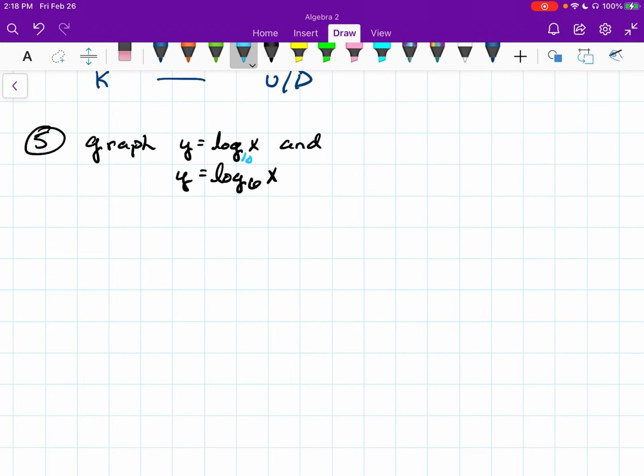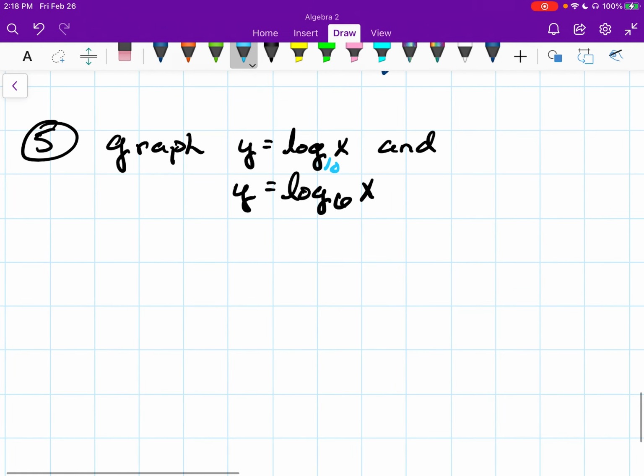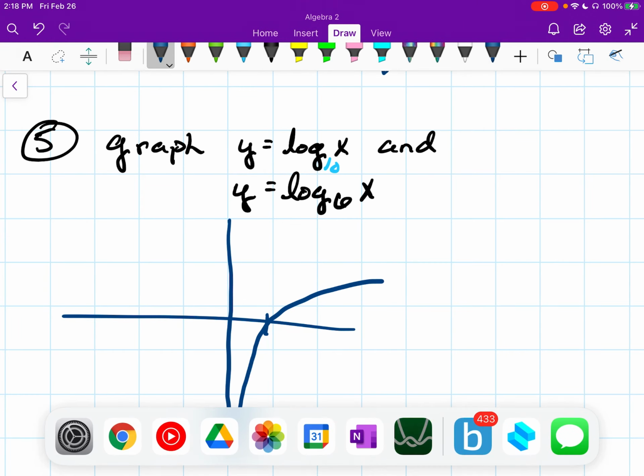Whenever you're working on the homework, just do rough sketches, right? What I would expect you to do, and I'm doing this from memory from what was on the other page, is that they both crossed at the same point. So we'd have one like this, and I'm going to check that back here.